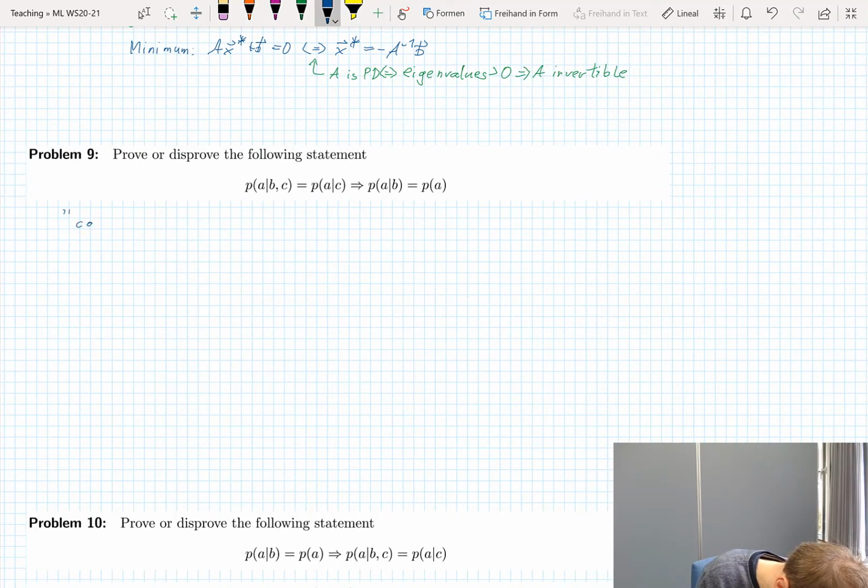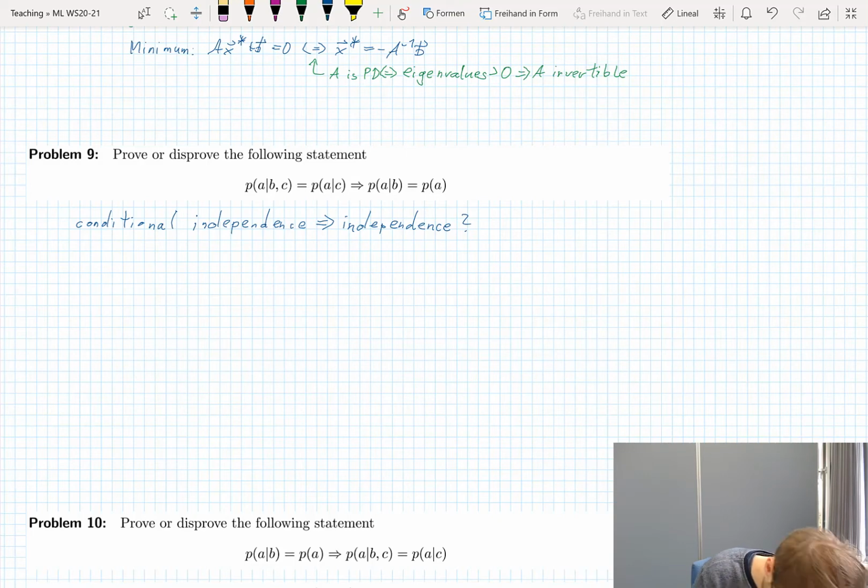So this is basically: conditional independence implies independence? Question mark because, well, it's not wrong. It's not true.